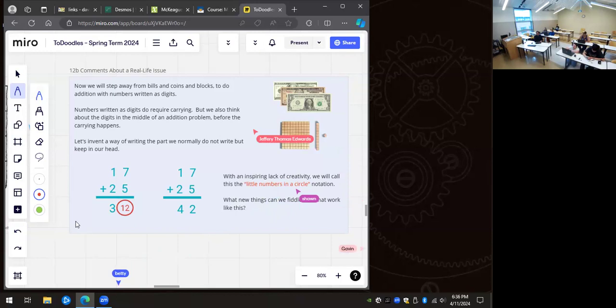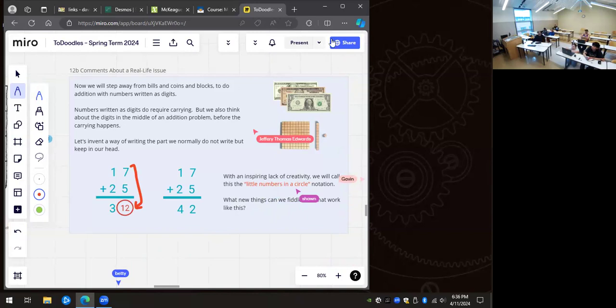So 7 and 5 is 12. And then before I carry the 1, I'm gonna write it like that, just to show you what's in my head, because I can't put what's in my head on the screen unless I have some way to write it. And I'm putting a circle, because otherwise it's going to look like 312 instead of 3 with a 12.